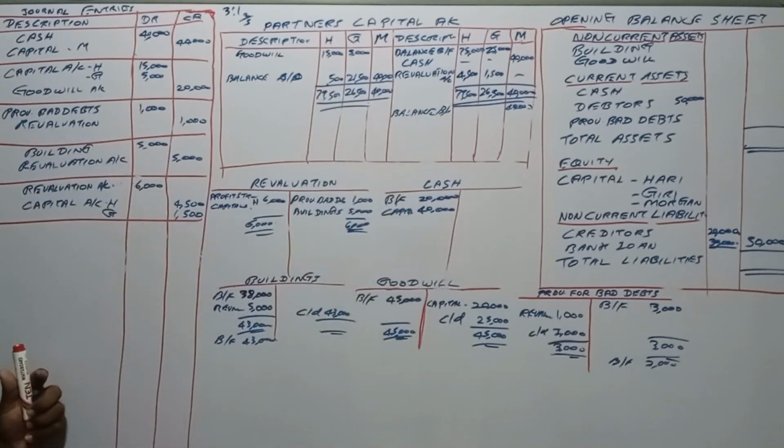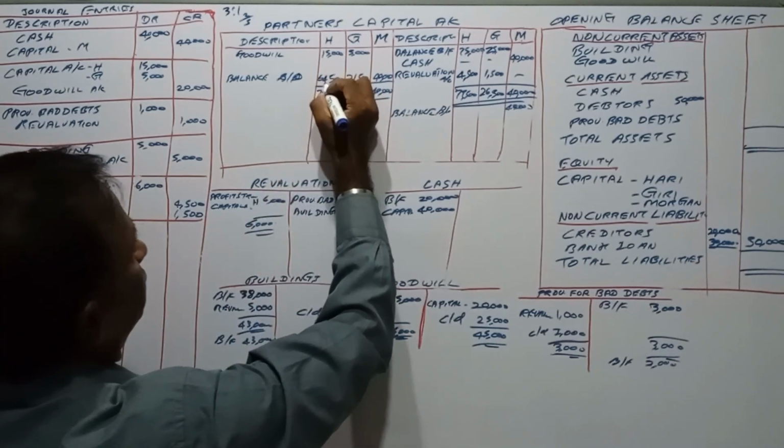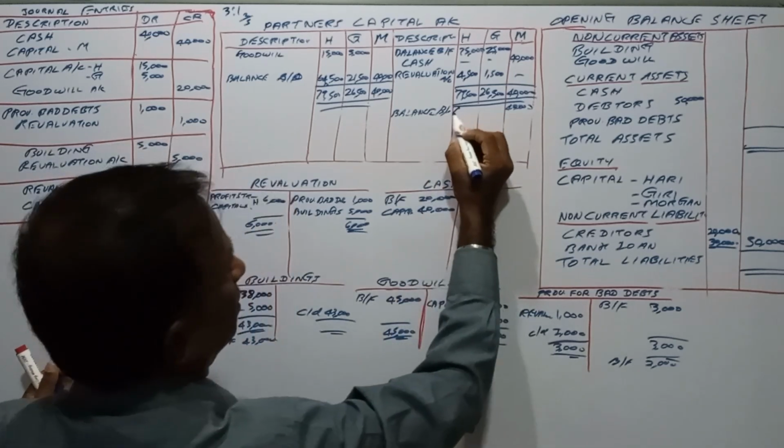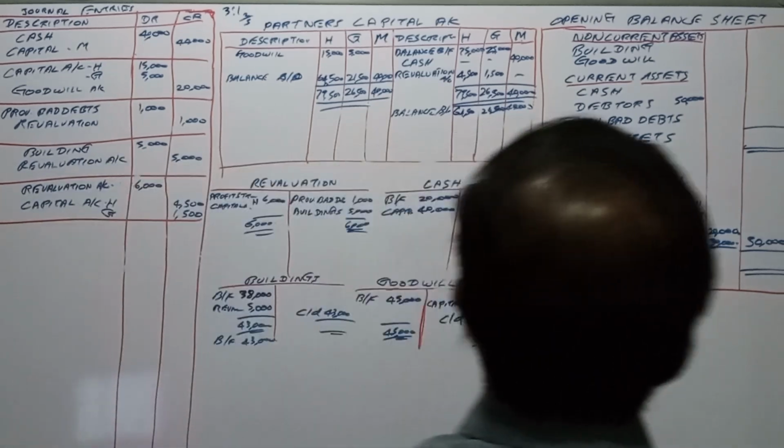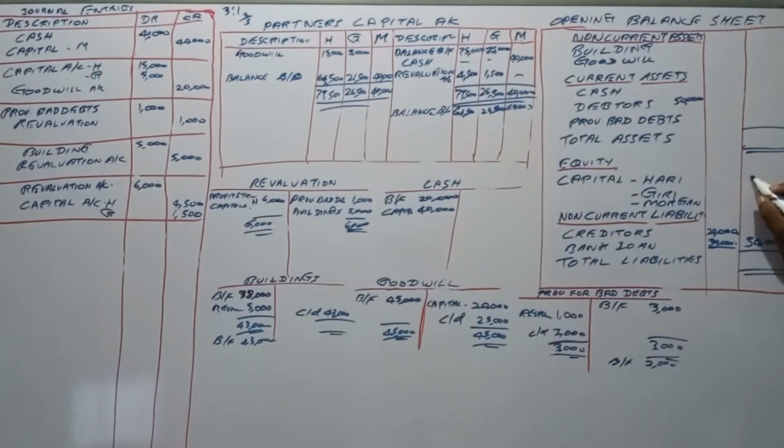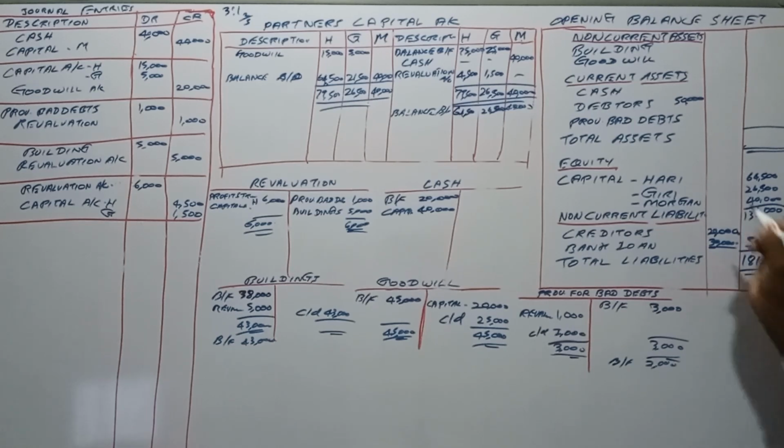Then 64,500 and 26,500 and 40,000, totalling 131,000, 181,000, here also 181,000.